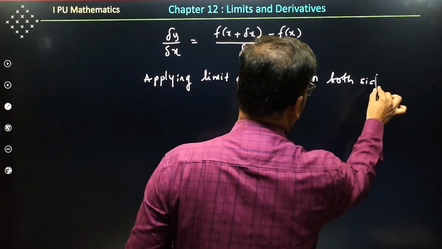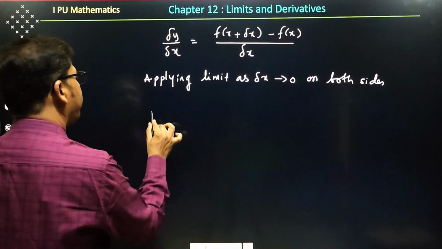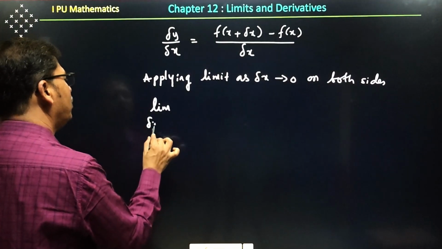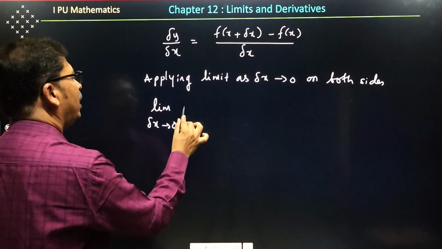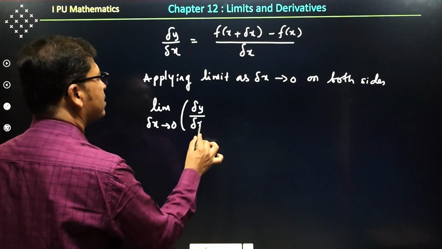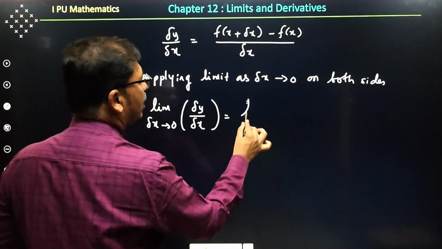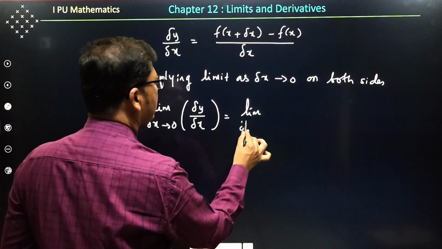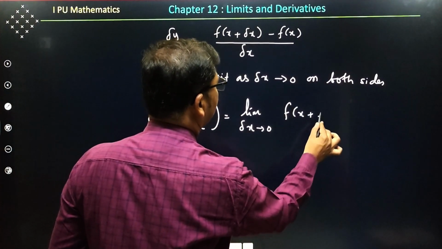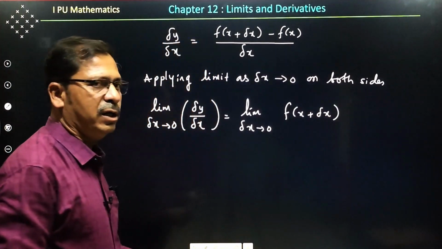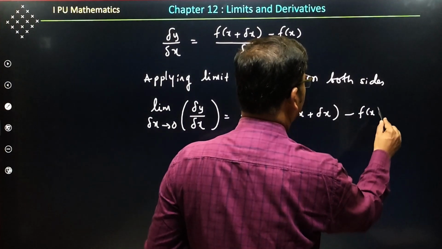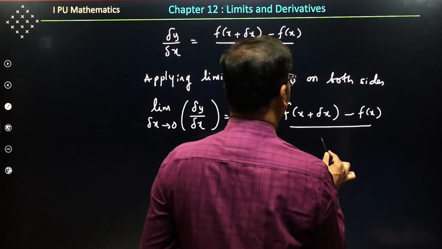On both sides, limit delta x tends to 0, delta y divided by delta x is equal to limit delta x tends to 0, f of x plus delta x minus f of x, whole divided by delta x.